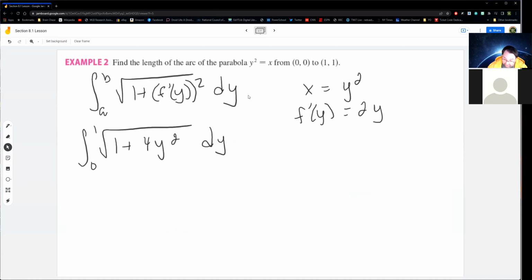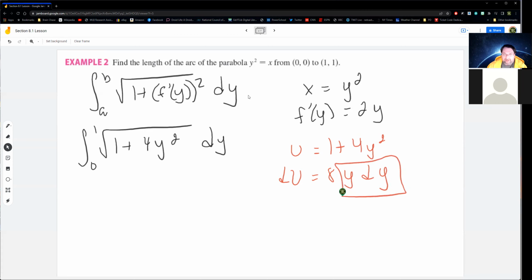Now, if I had tried to use u substitution on this one to make that the 4y squared, the du is going to be 8y dy. Notice now I have the y left, and I don't have an extra y in the problem. So now this one I do have to do the trig substitution for.